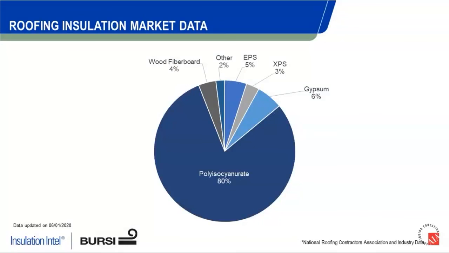There are other products in use, and sometimes even multiple products, especially when you have a cover board included in your roofing system. Cover boards bring a lot of great physical characteristics, strength, and protection to the insulation system and the roofing system in general. They can often be a different material than polyiso, but there are also options to use high-density polyiso as that cover board.